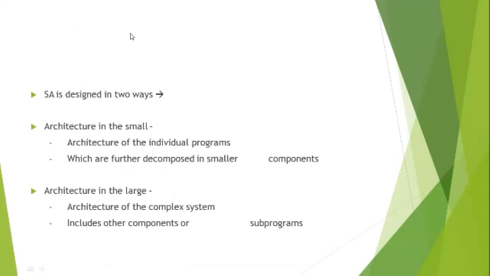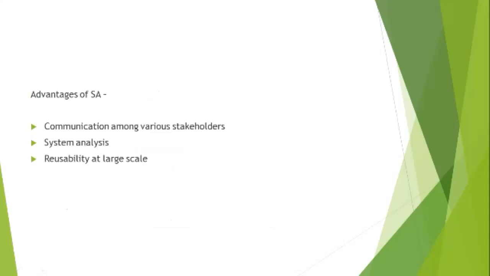Second, architecture in the large, in which the architecture of a complex system includes other components or subprograms. Advantages of software architecture: first, communication among various stakeholders, system analysis, and reusability at large scale.